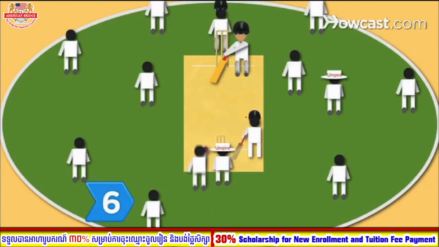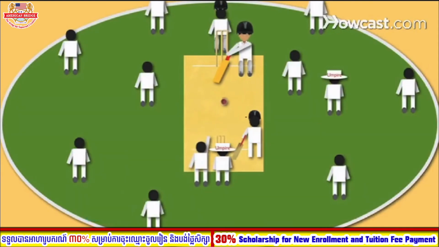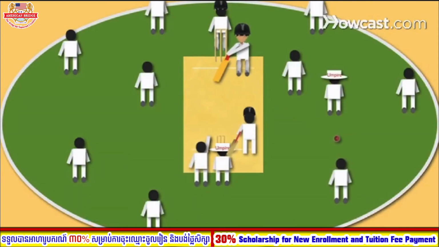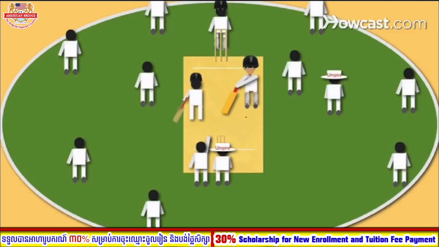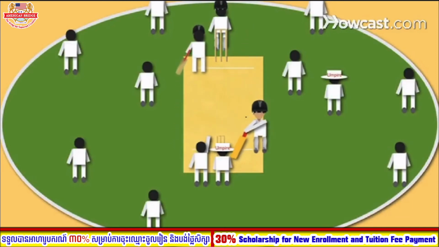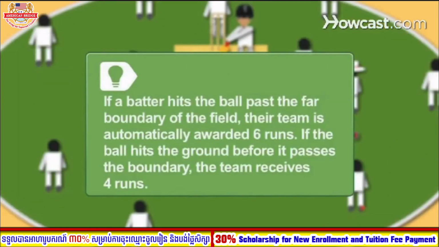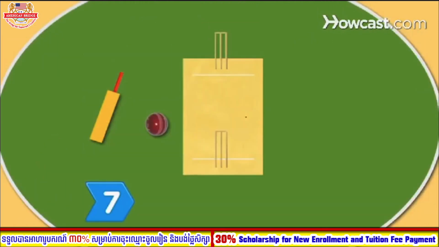Step 6. Score runs by hitting the ball if you're a batter. After a batter hits the ball, both batters run to the opposite end of the pitch. Batters can repeatedly score runs by running back and forth to the wickets until the opposing team gets them out. If a batter hits the ball past the far boundary of the field, their team is automatically awarded 6 runs. If the ball hits the ground before it passes the boundary, the team receives 4 runs. Step 7.